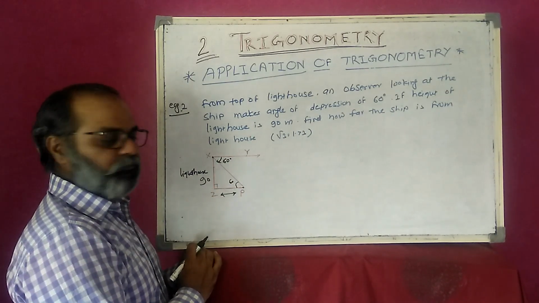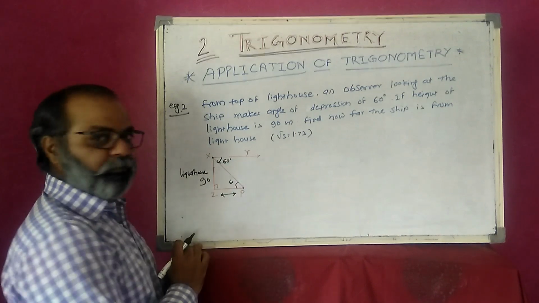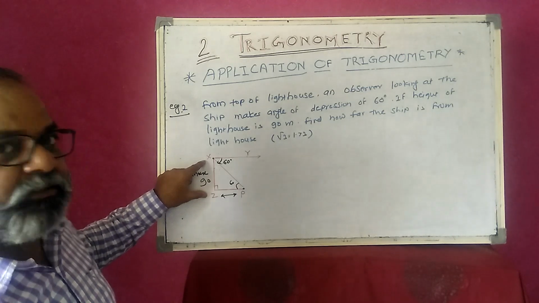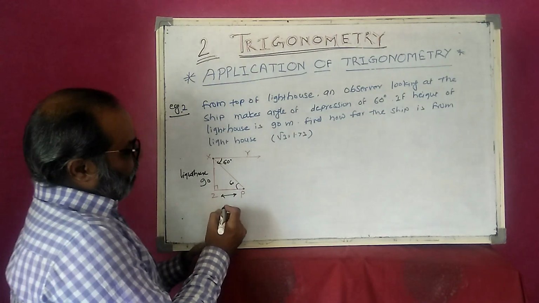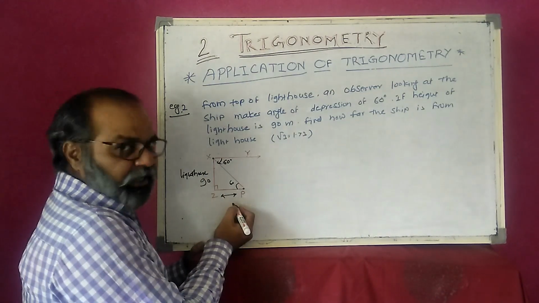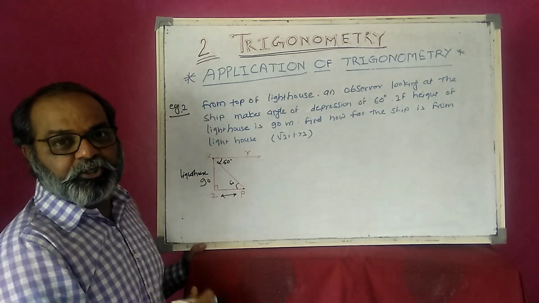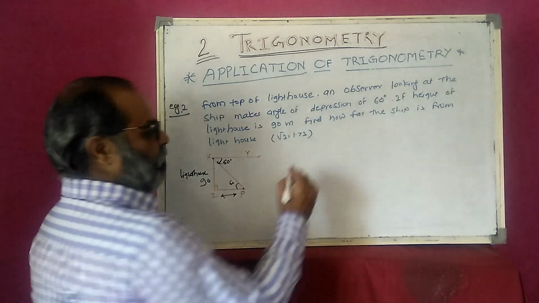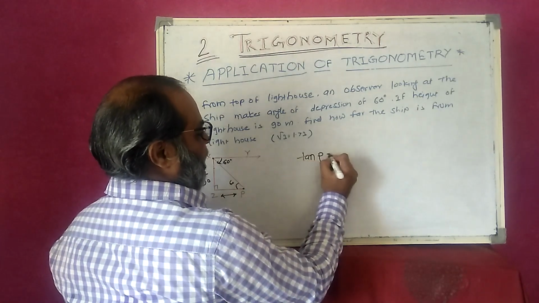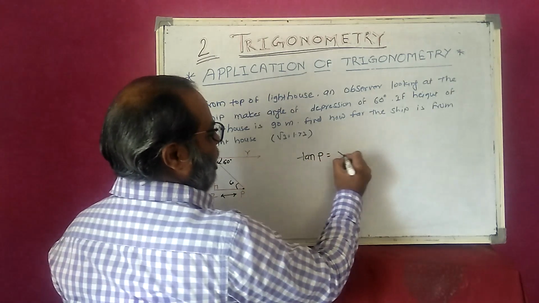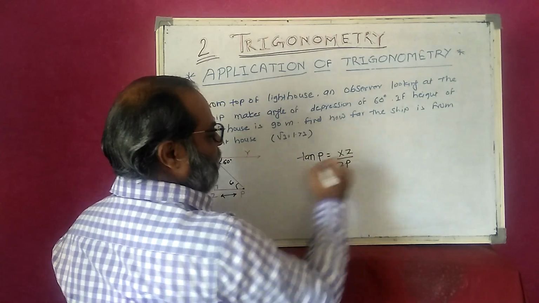Now I find the height XZ. XZ is there, the angle is there, adjacent side, opposite side, so we use the trigonometric ratio tan. What is tan P? XZ upon ZP.